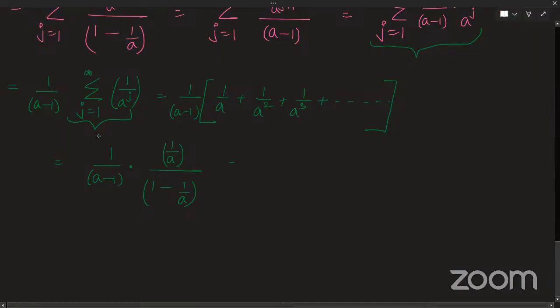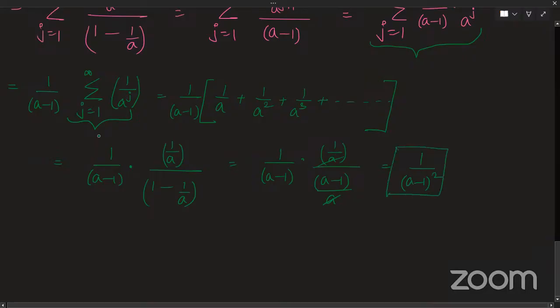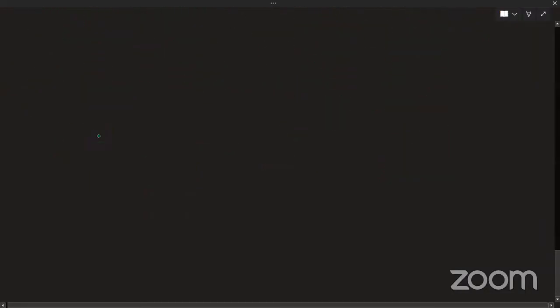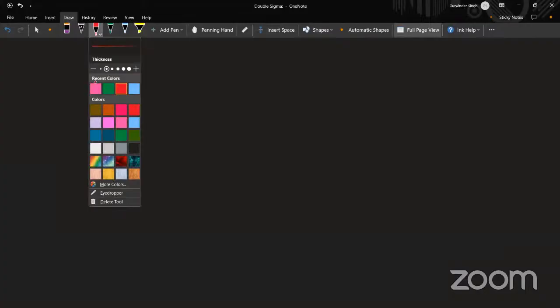Okay. So I would need to simplify my calculations a little bit. So it will be 1 by a minus 1 by a. So a and a got cancelled. So it is 1 by a minus 1 whole squared, right? 1 by a minus 1 whole squared. Just increasing its degree by 1.